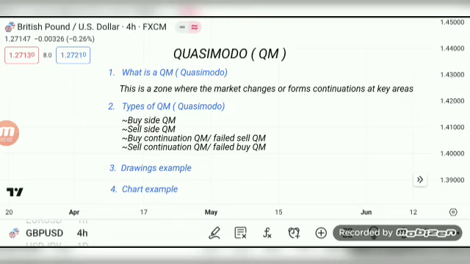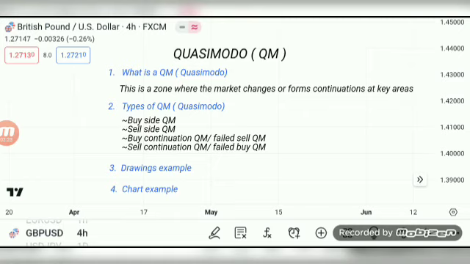So that brings us to types of the QM. So we have a buy side QM, a sell side QM, a buy continuation QM, or you can call it a failed sell QM, and then a sell continuation QM, or you can also call it a failed buy QM.